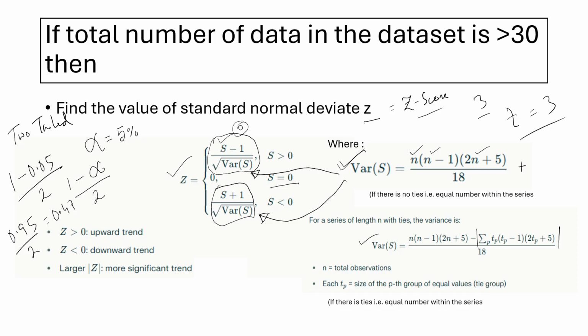Now, in your Z table, the table for critical value of Z, the table will have columns and rows, and for each column there will be a number as a header.